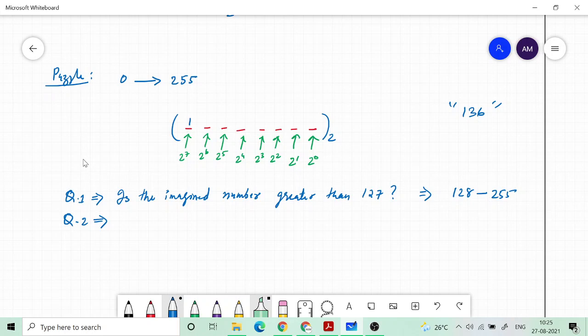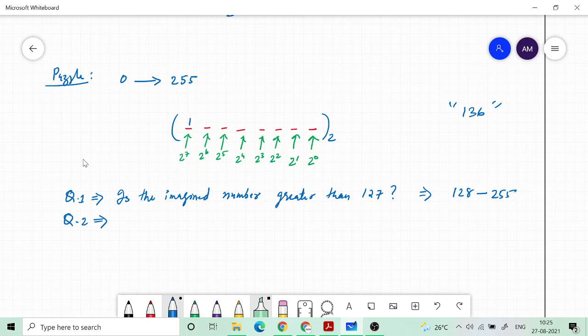If he says greater than 127, then I know that I have to put a 1, because any number greater than 127 requires 8 bits. So the first bit has to be 1. A 1 followed by 7 zeros is basically 128.